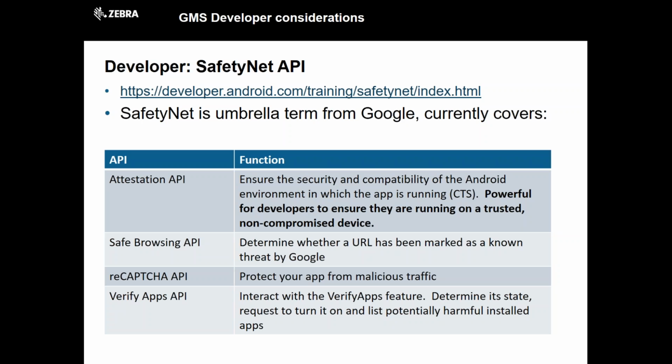So with this API, after that tangent, we can determine whether Verify Apps is switched on or not on the device. This is something that banking apps will use to make sure that they're not running on the same device as a potentially harmful app that could try and steal your banking data. So you might want to, again, use this API to make sure that the user has turned on the Verify Apps feature.